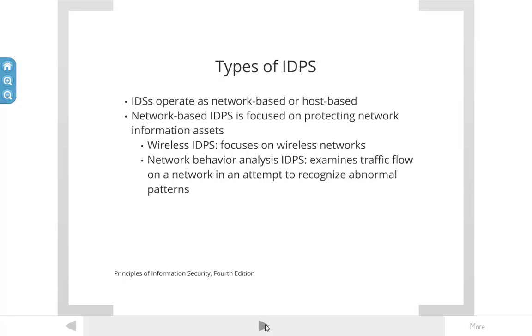You can have wireless IDPS because today wireless is really the place where many hackers can get into the network. So wireless IDPS would be more specialized. They would have the ability to see if you are scanning for the SSIDs, or if you are trying to interfere with access points.